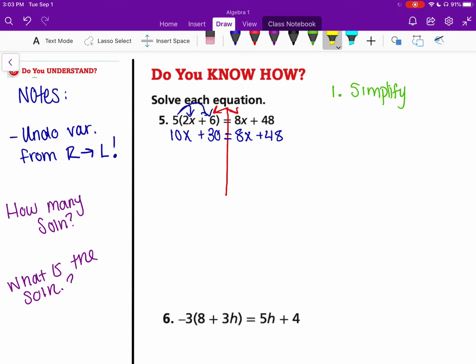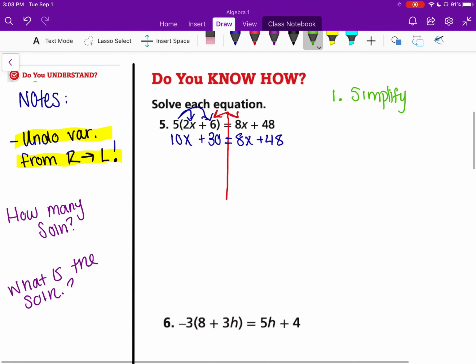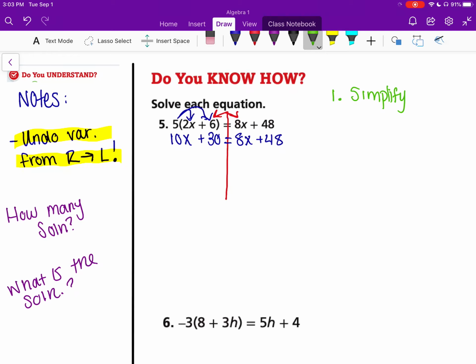I've made a little note for you to take on the left side of your paper: undo your variables from right to left, which means I'm going to look at my variable on the right, which is the 8x, and I want to undo that variable. The opposite of positive 8x is negative 8x. So I'm going to do that to both sides with my like terms. Notice I didn't write it underneath the 30. I did put it underneath the 10x because they both shared an x.